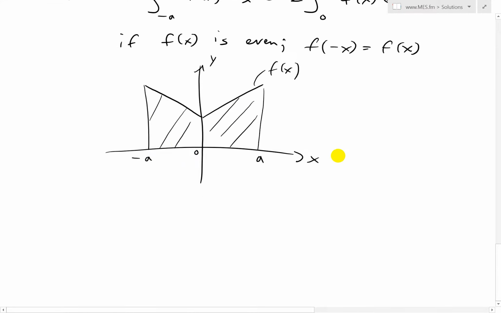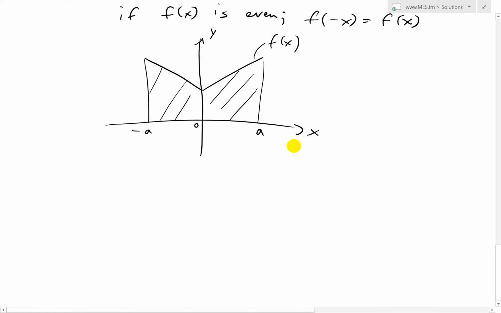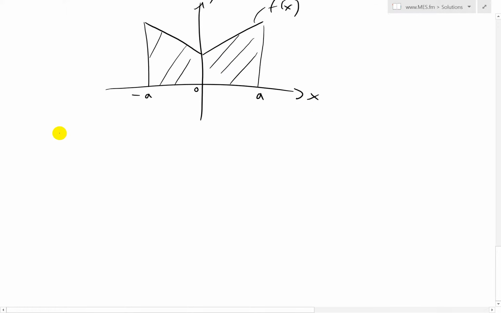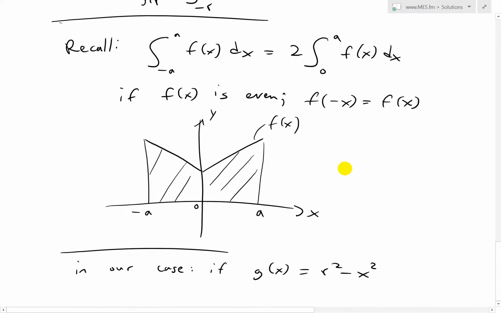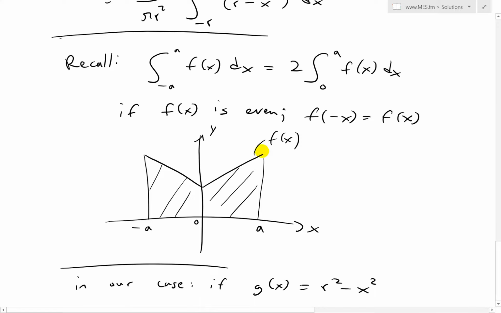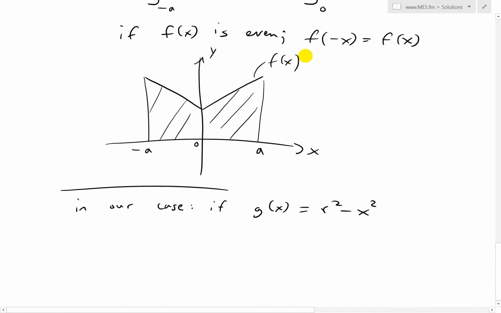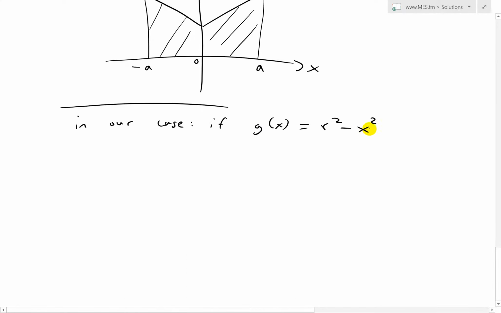So something like that, where it's symmetric, equal on the left side and right side, just symmetric about the y-axis. So in our case, if g of x is equal to r squared minus x squared, which is what we're integrating right above here, and you notice that it's an x squared.